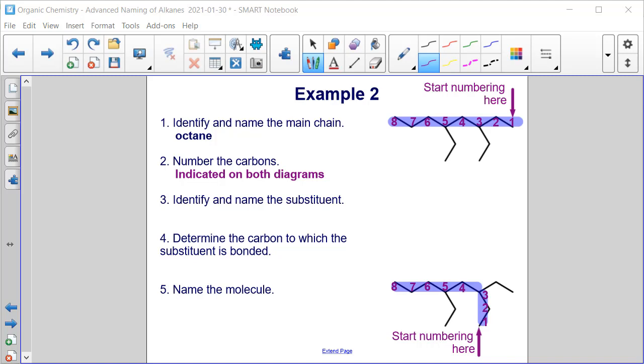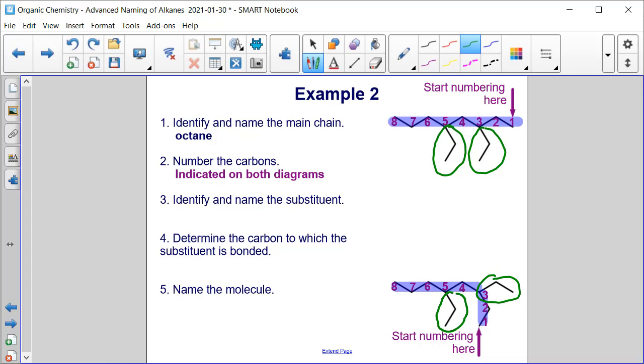All right, now we need to identify and name the substituents. So we can see them pretty straightforward from this one. It's just these branches, right? So here's one. Here's a second. Same thing, here's one. And here's one.